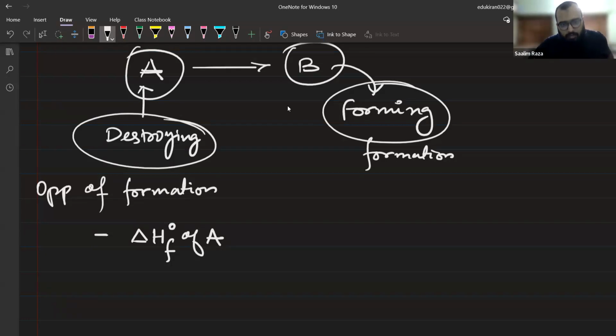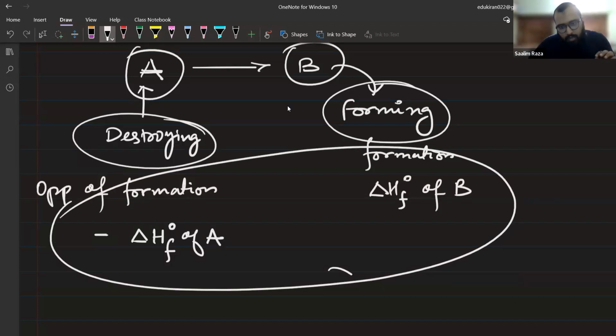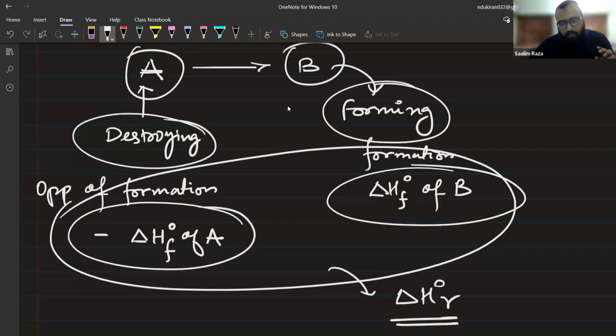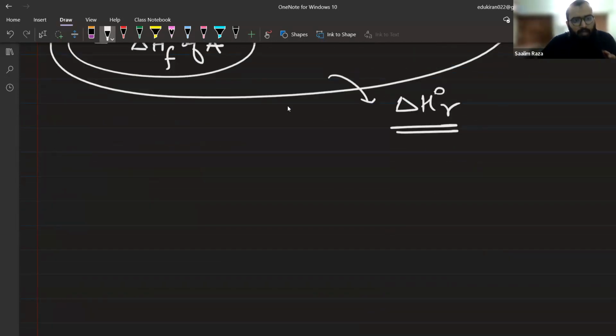और यहाँ पे B के लिए क्या लिख देंगे? सिर्फ delta H F naught of B, because फॉर्मेशन ही तो हो रहा है B का। ये बात सही है? Is this clear? And both of these things will together tell about the enthalpy of reaction. यही दोनों चीज तो हो रही है रिएक्शन में। रिएक्शन हो क्या रहा है? डिस्ट्रक्शन ऑफ A एंड फॉर्मेशन ऑफ B। बात क्लियर है? रिलेशनशिप आ गया। What will be the relationship?